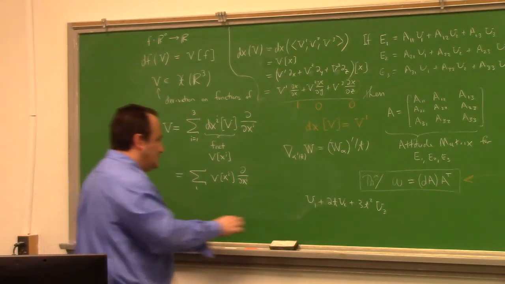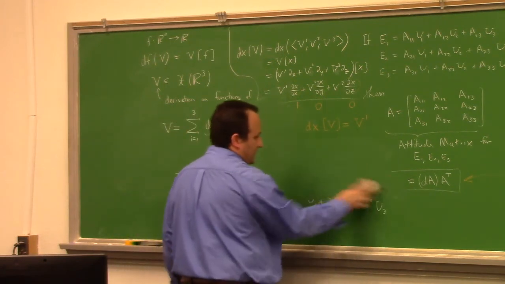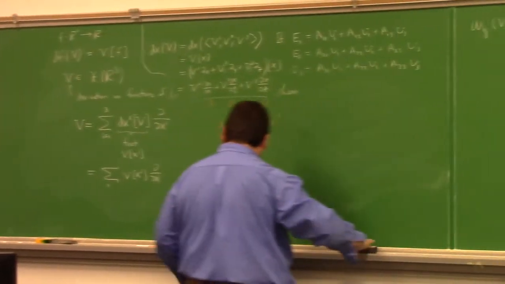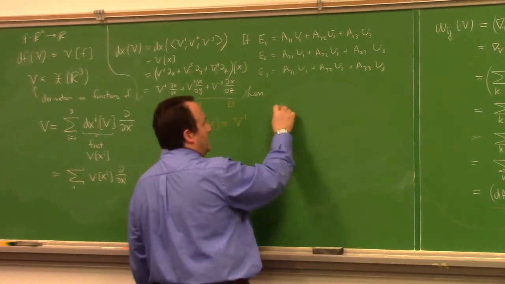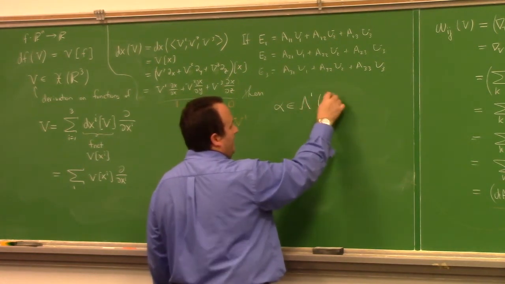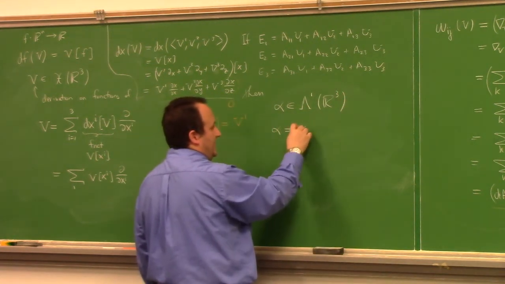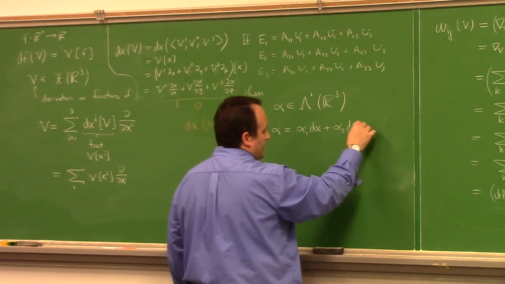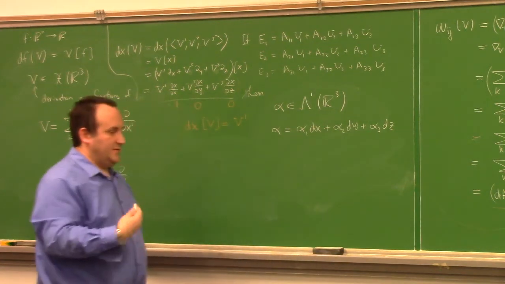Now, the other thing, continue this walk down memory lane here. One form, right? So alpha a one form, what does that mean? That means you can write alpha as something like alpha 1 dx plus alpha 2 dy plus alpha 3 dz. In 3 dimensions, that's what a one form looks like, right?